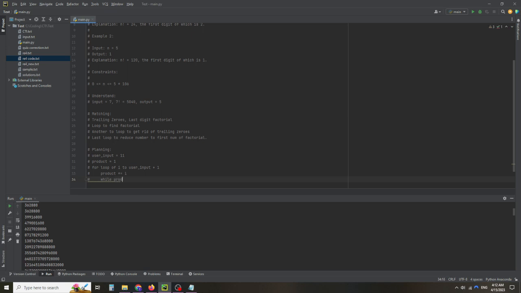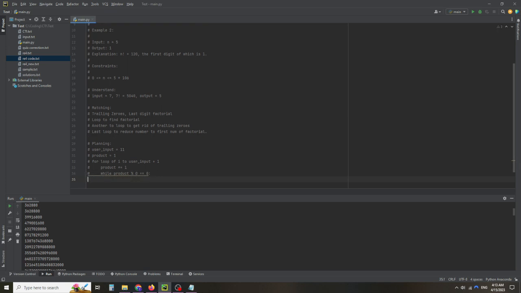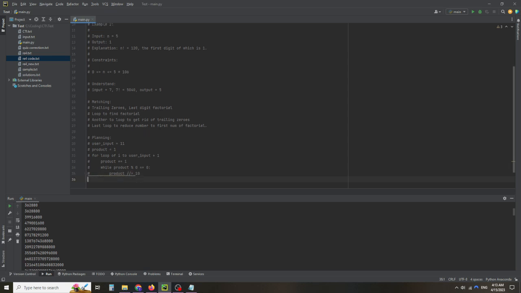So if product modulo 10 is equal to 0, well, we'll keep dividing the product, product floor division of 10, and then that seems to be how I find my factorial with getting rid of the trailing zero.